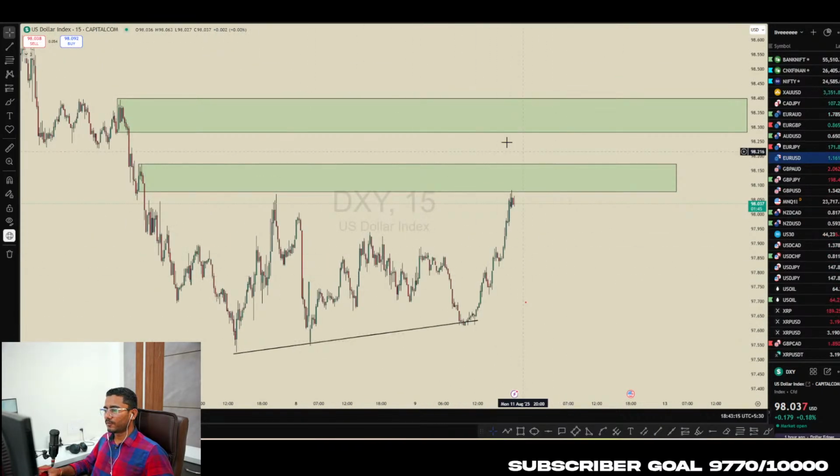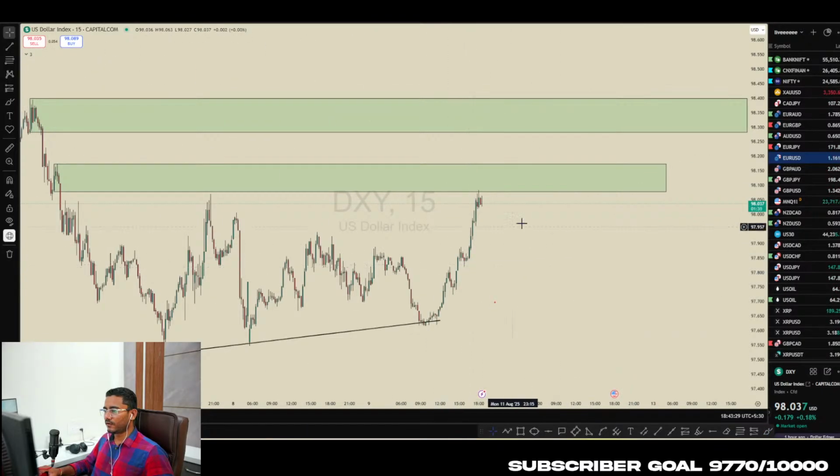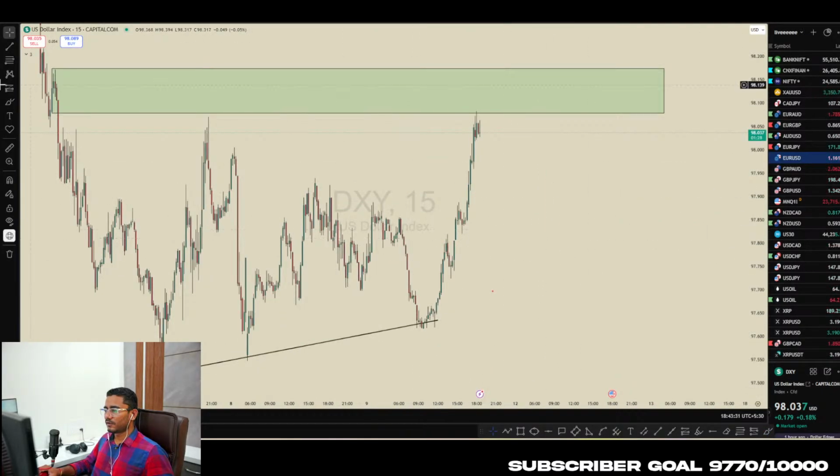I was waiting for price to break this high and give us a new structure, because I was seeing this as a liquidity sweep. Like I was seeing this as a change of character here and it created a new high. But when I look at this on the 50-minute time frame, I think price will give us a pullback, or maybe price will continue downside from here.